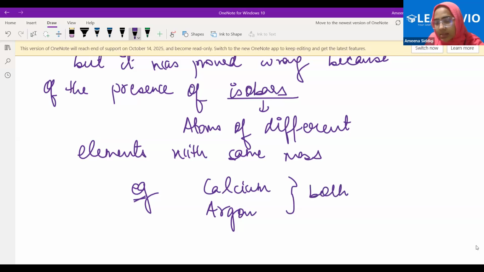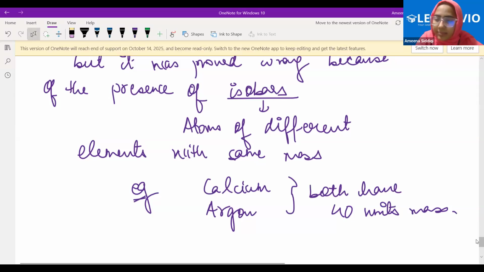These are different elements. Both have 40 units mass. Clear? Yes, ma'am. As you saw in the case of isotopes, isobars are atoms of different elements having the same masses, and the example is this. Fine. So therefore, this again was a drawback.